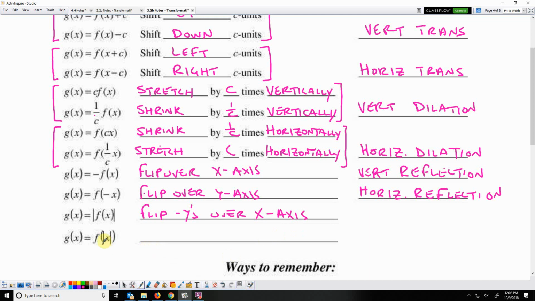And when I take an absolute value inside, all the positive domain is symmetric about the y-axis.